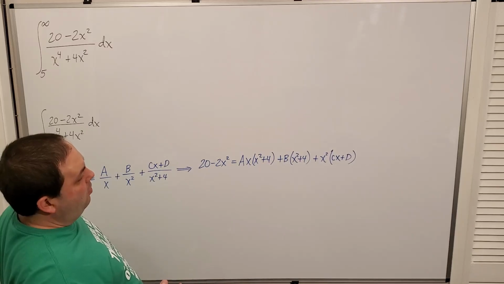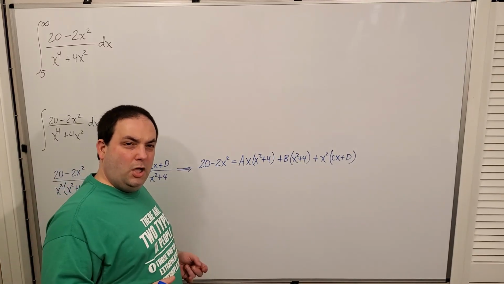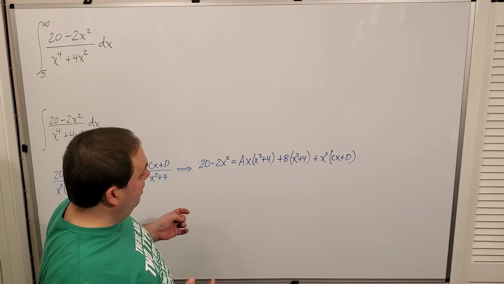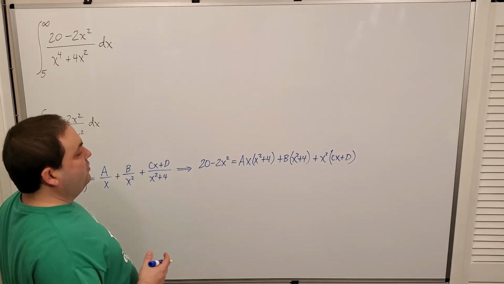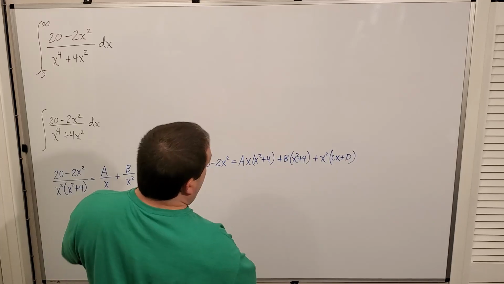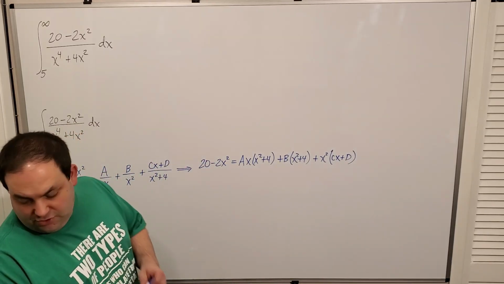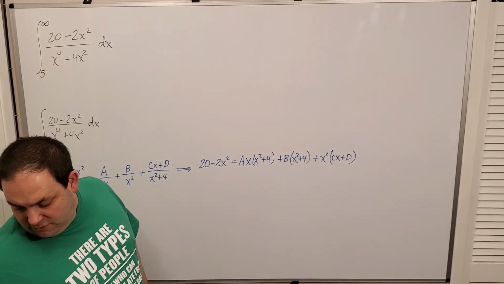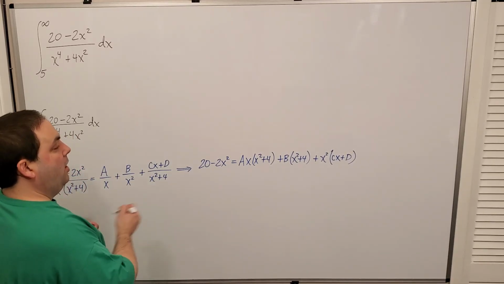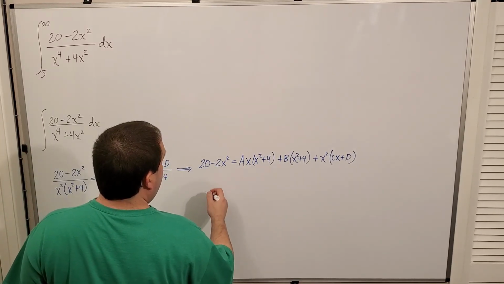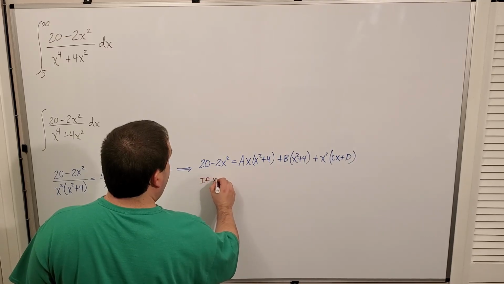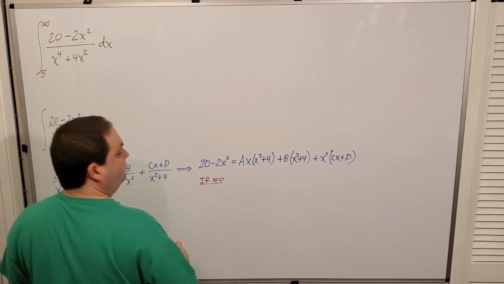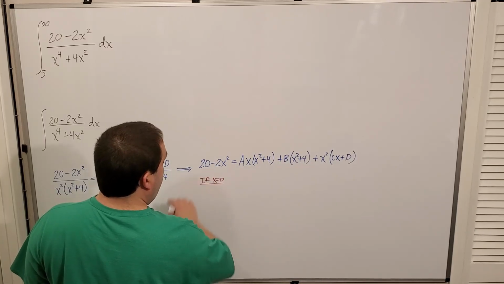And then from here, I'll employ a couple of little plug-in tricks to see if I can figure out a couple of the letters, and then some of the other tricks to figure out the others. First and foremost, I can see what happens when I substitute a value. And the first one that's very blatantly coming to mind here is 0, right? If x equals 0, then I just get 20 on this side.